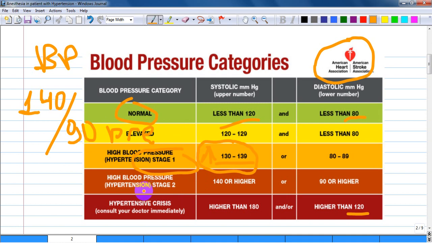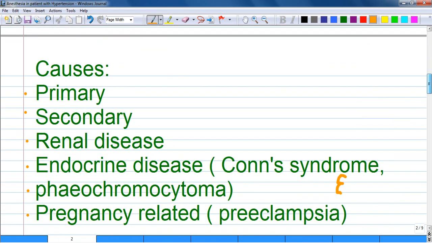The next is stage 2, 140 and higher, and 90 and higher, and then hypertensive crisis, where you need consultation of a doctor and special care or treatment. Values are more than 180 and more than 120. This column is for systolic and the second one for diastolic blood pressure.